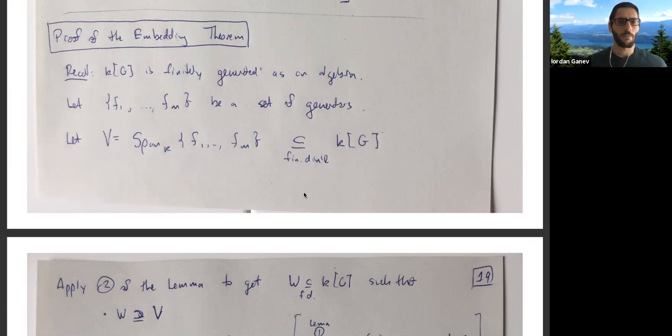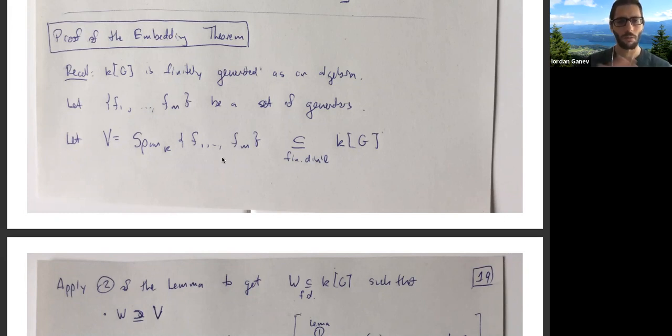So let's pick some set of generators, F_1 through F_m, finitely many generators. Now let's take the span of these things inside the affine algebra of G. So we're taking the span as a vector space. These generate K[G] as an algebra, but now we're just taking the vector space span.